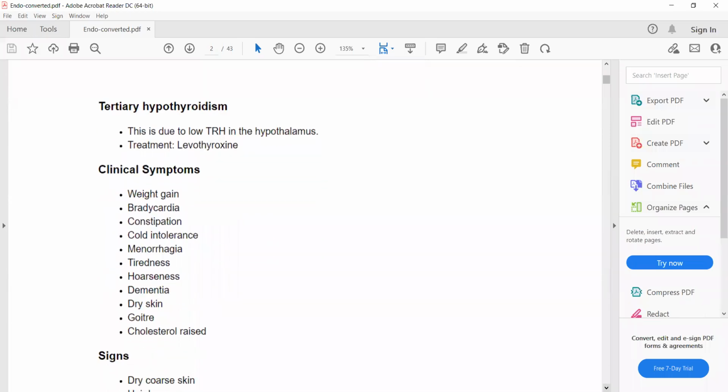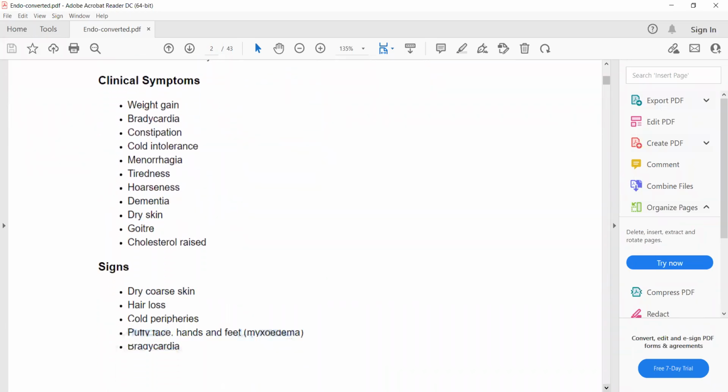What are the clinical signs and symptoms of hypothyroidism? Thyroid hormone is responsible for different metabolic functions of the body. So a decreased thyroid hormone or thyroxine will lead to weight gain because of excessive fat deposition, bradycardia, constipation, cold intolerance, menorrhagia initially and then amenorrhea, tiredness, hoarseness of voice, dementia, dry skin, goiter, and raised cholesterol.